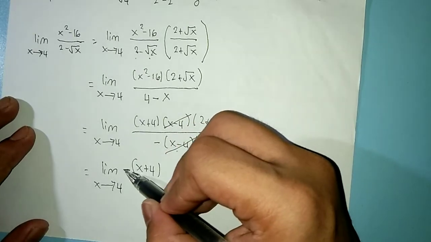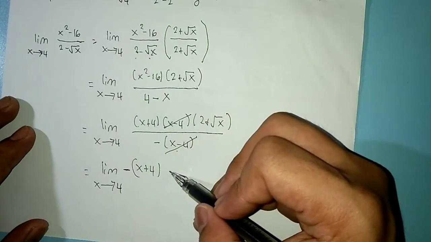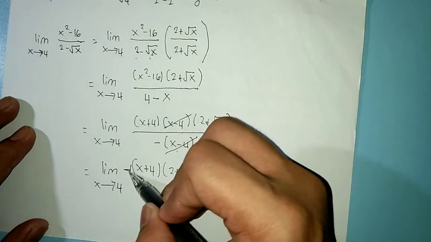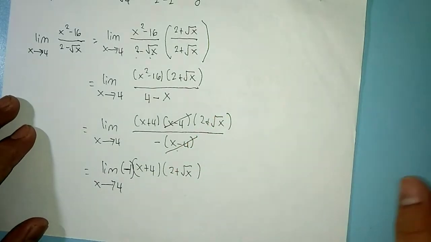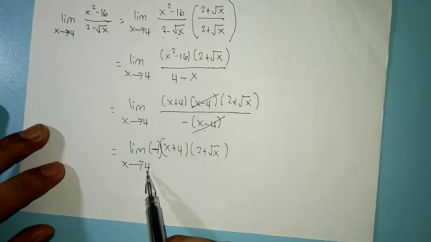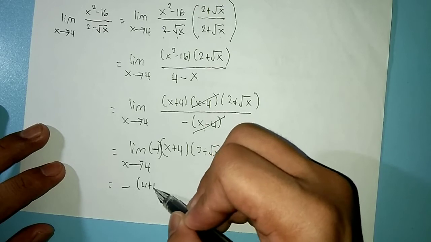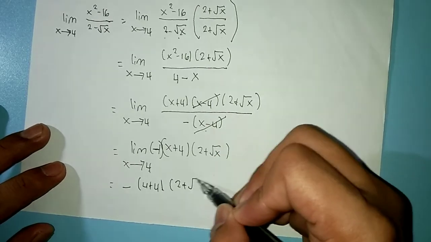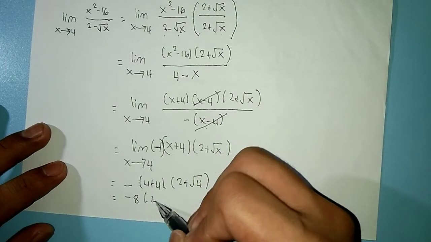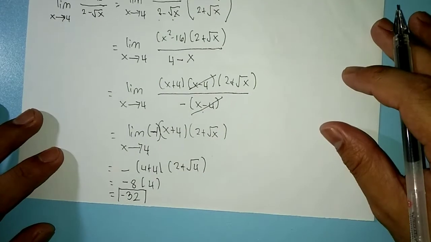By the way, meron na siyang negative kasi may negative sa denominator. Tapos 2 plus square root of x. So by the way, lagyan na lang natin negative 1. Okay? Then, i-substitute na natin, magiging negative 4 plus 4, tapos 2 plus square root of 4. So this is negative 8 times 4, negative 32. Okay?